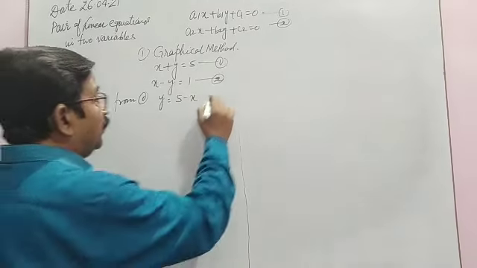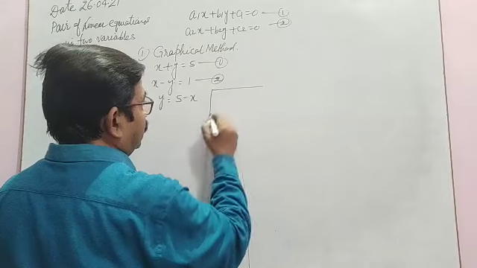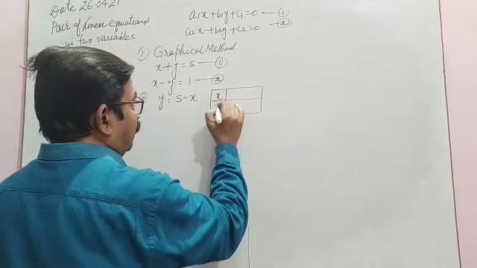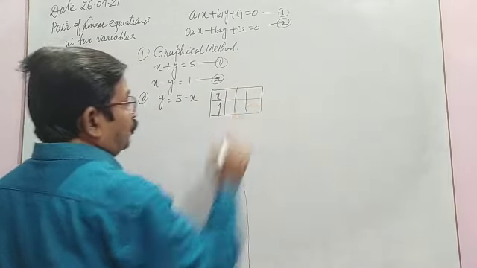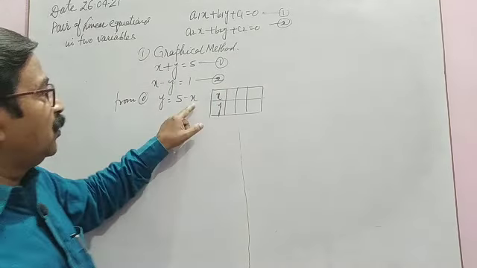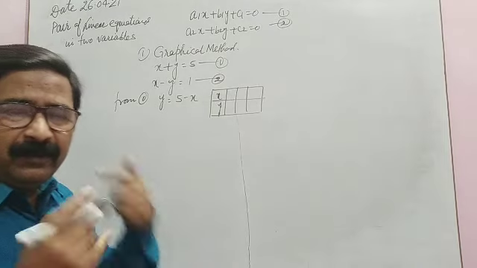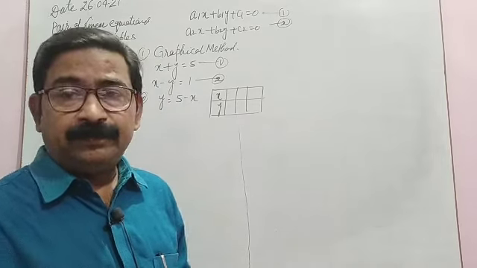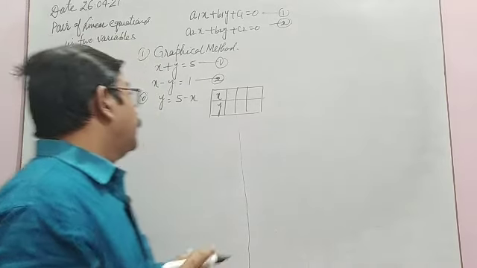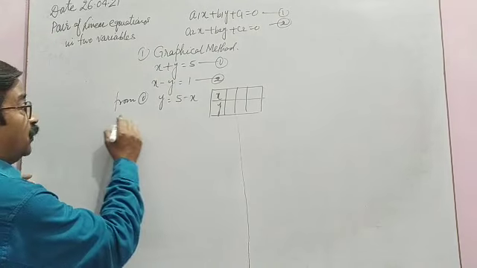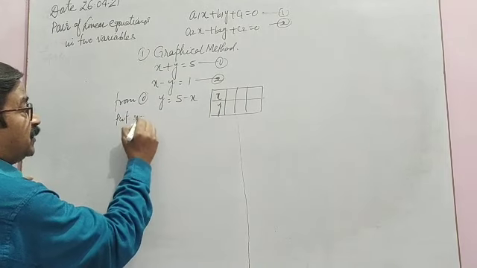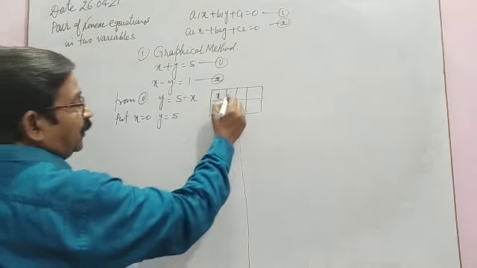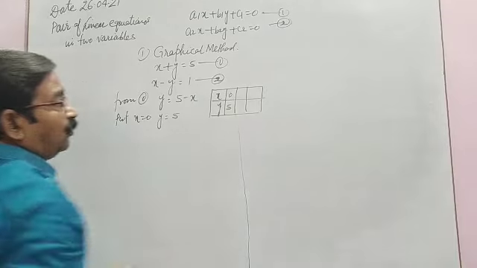Now after this, make a box like this for at least 3 solutions for x and y. You are free to put any value of x, but try to take integers. Integers are better. Put x is equal to 0, then y is equal to 5 minus 0, which is 5.